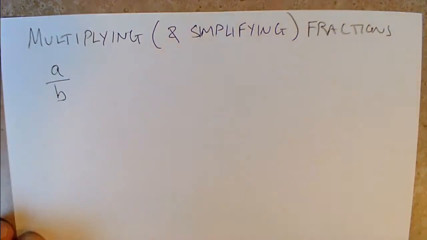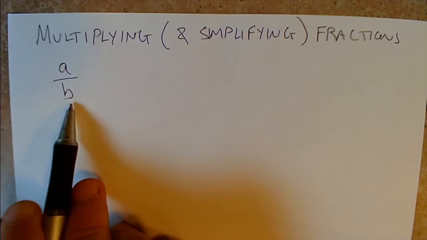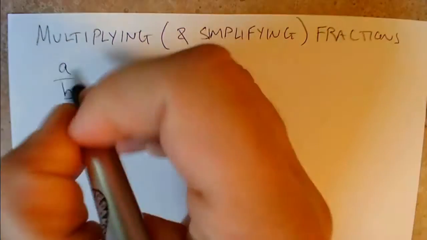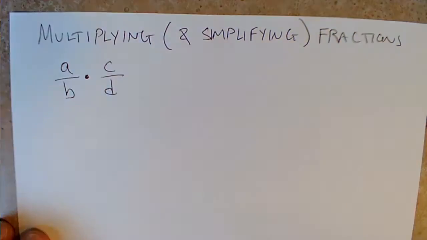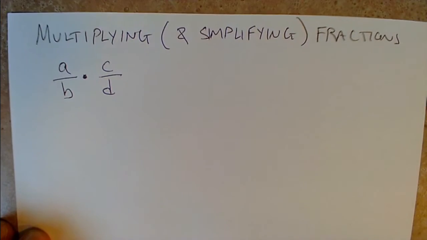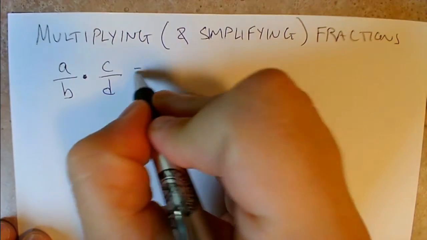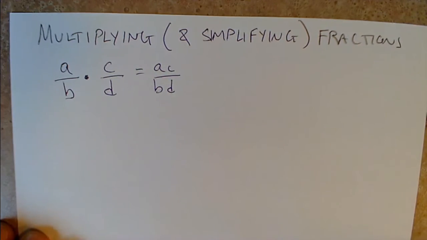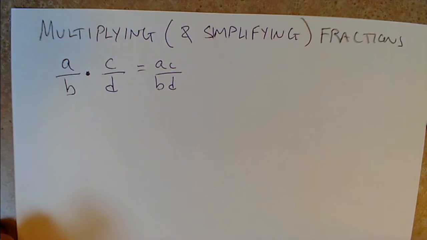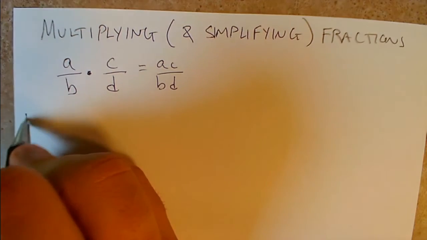If you had a fraction a over b, remember b can be anything except 0, and you multiply it by c over d, you multiply the tops together, a times c, you multiply the denominators together, b times d, and then you're done. There's a little more to it in simplification, but you just go across the top, go across the bottom, and you're done.